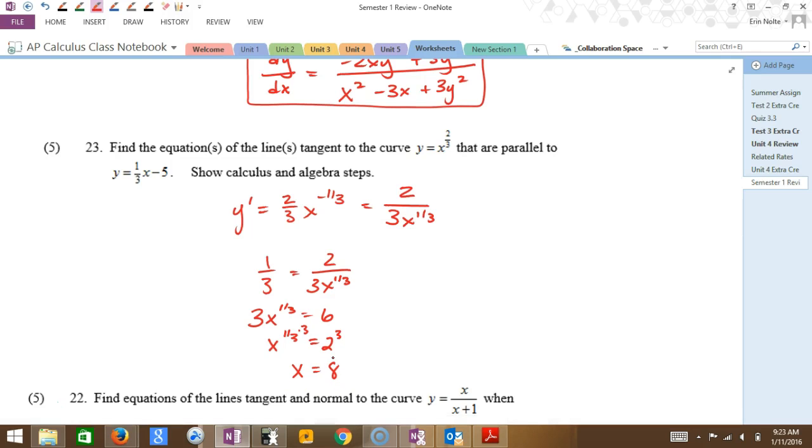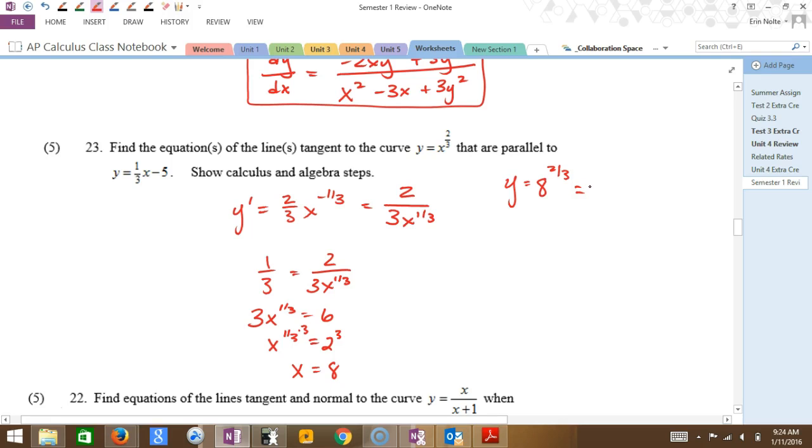Okay, so I have a slope, I have an x. What's the piece I'm missing? Intercept. No, or b. No, because I want to keep it in point slope form. Okay, so I'm missing the y. Good. So I'm going to plug my x into the original. Since my x is 8, I go back to the original, plug it in to figure out what the corresponding y value is.